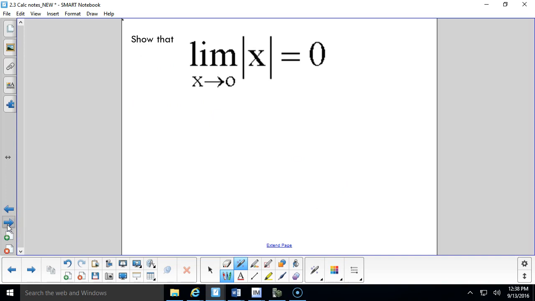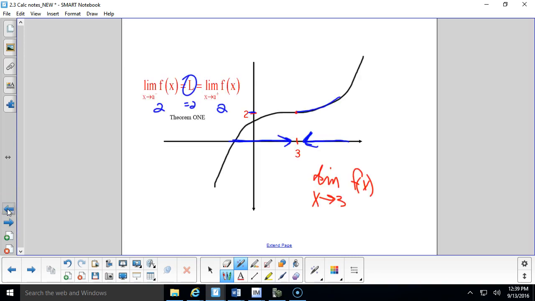All right, so having that little bit of knowledge about limits, show the limit of the absolute value of x as x approaches 0 is 0. Well, absolute value is always a piecewise defined function. Remember what we just said about the limit: for a limit to exist, the limit from the left and the limit from the right have to be equal to each other.